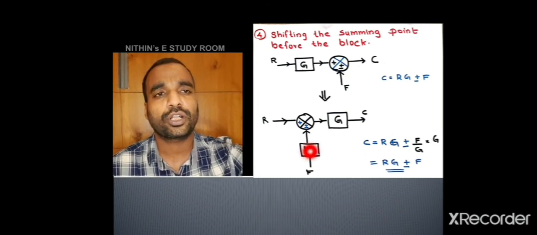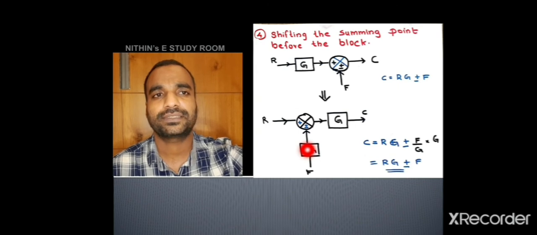If you are not placing this block, if you are directly connecting F to the summer, what happened? The output will be R plus F into G, that is nothing but RG plus FG.